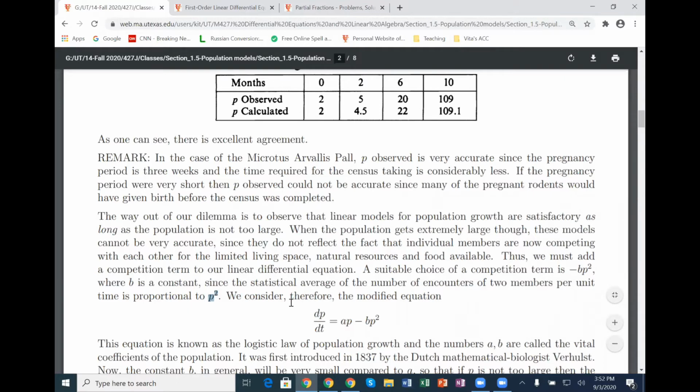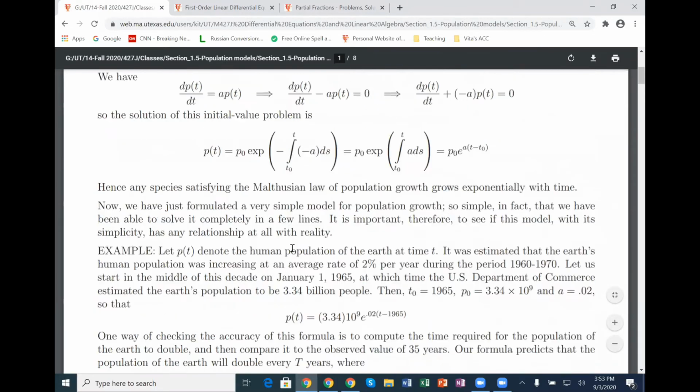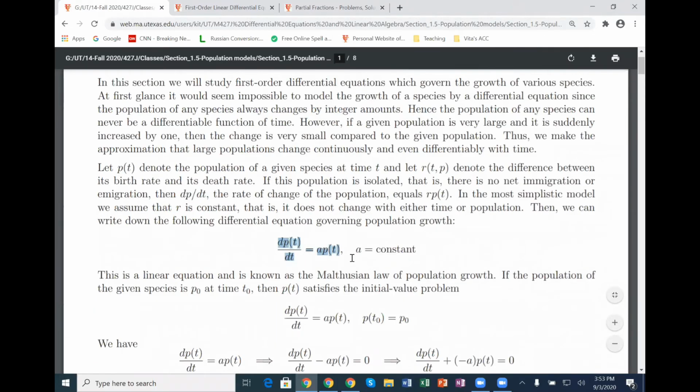So the new model is P prime equals aP minus bP squared. Observe that if b is equal to 0, we go back to the model that we just discussed.